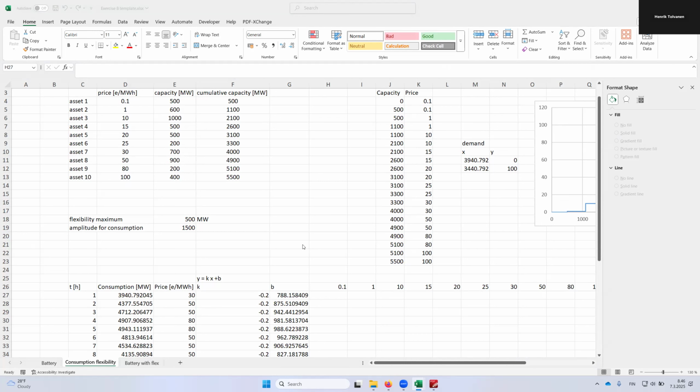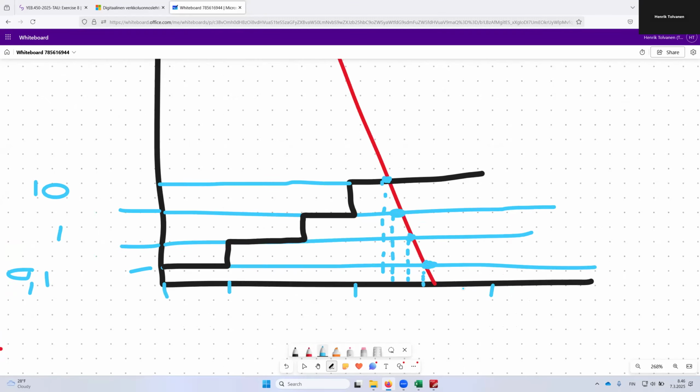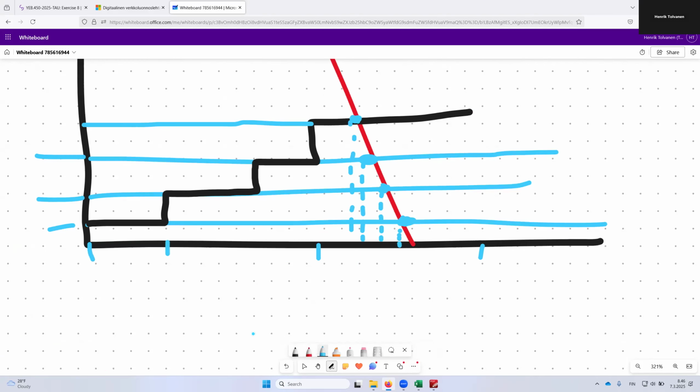So let's see from this drawing what we are after. We are after this point. So this one, so y equals kx plus b. We know this one, we know this one, and now we are after this x, and we know the price.